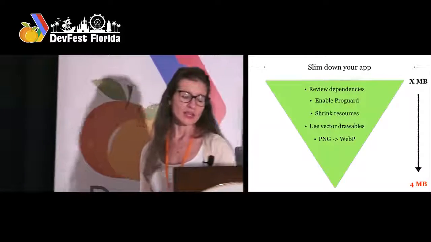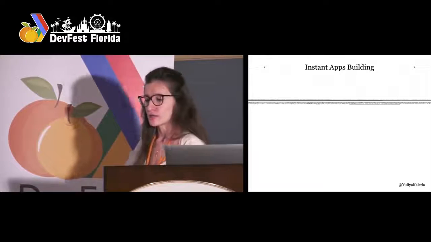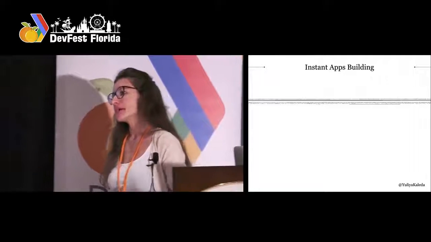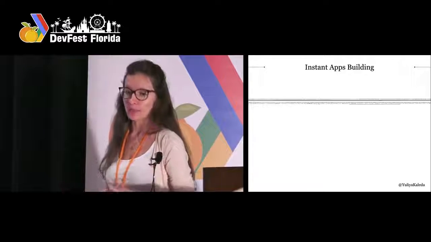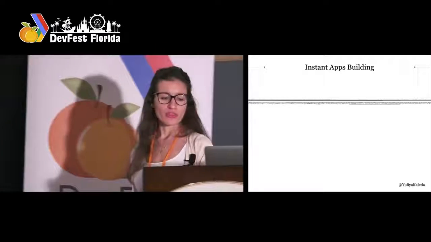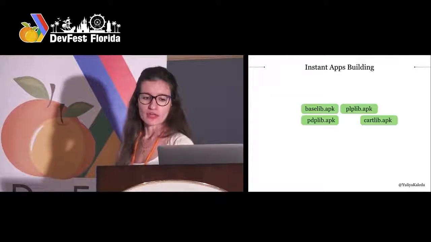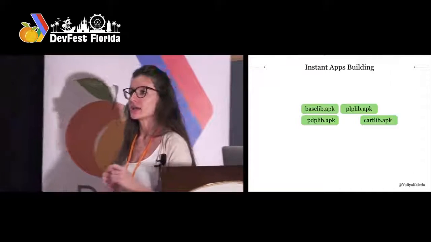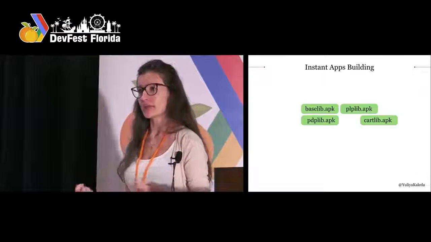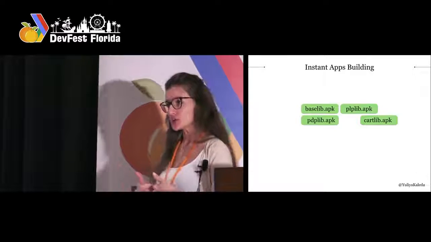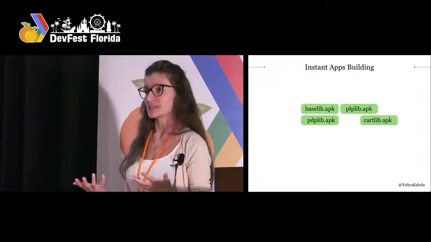So if we're talking about the process of building an Instant App, it's very similar to the process of building a regular installable application, except one thing. Instead of having one APK, in Instant Apps you will get as many APKs as there are feature modules plus one APK for the base module.